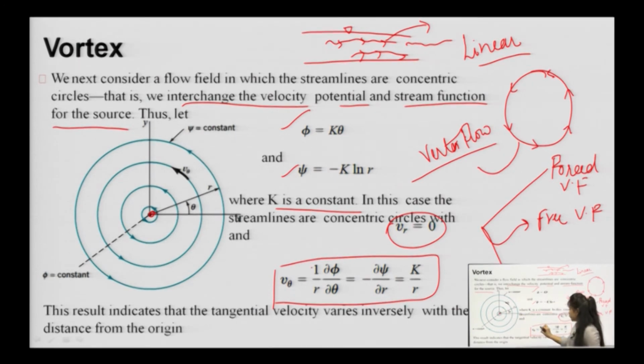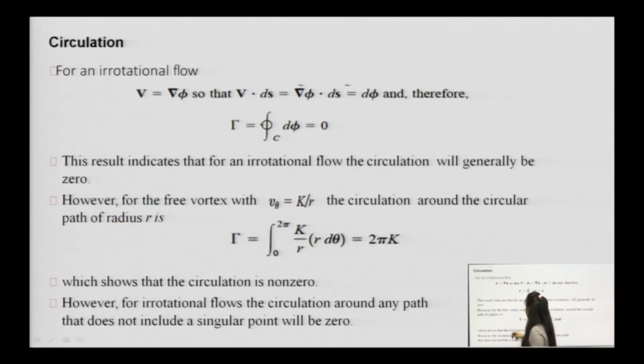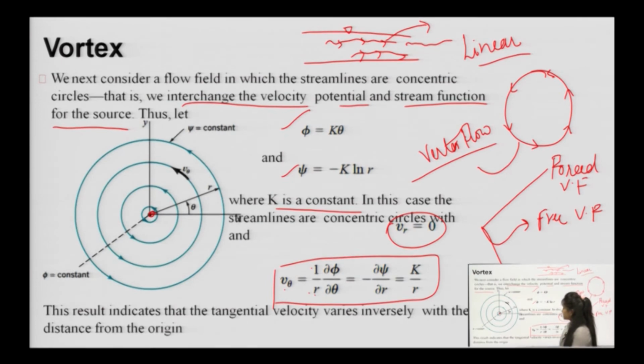This is 1 by r, meaning the tangential velocity is inversely proportional to the radius. This is the origin of the flow, and if we calculate the tangential velocity, it is proven that it is always inversely proportional. These are the results.